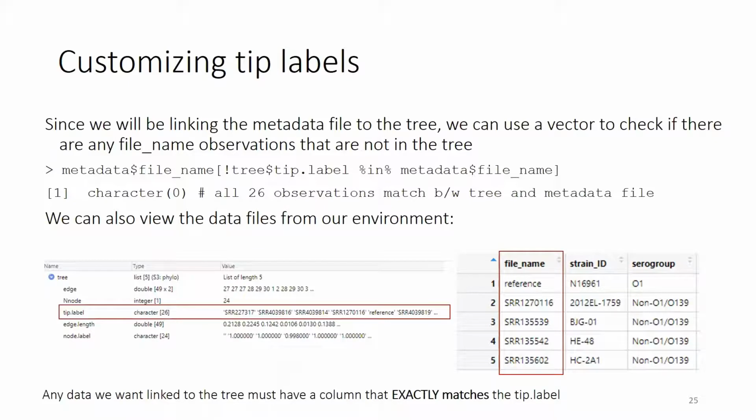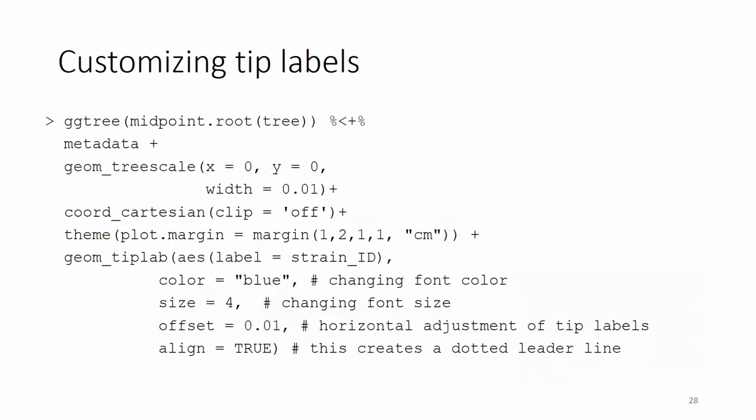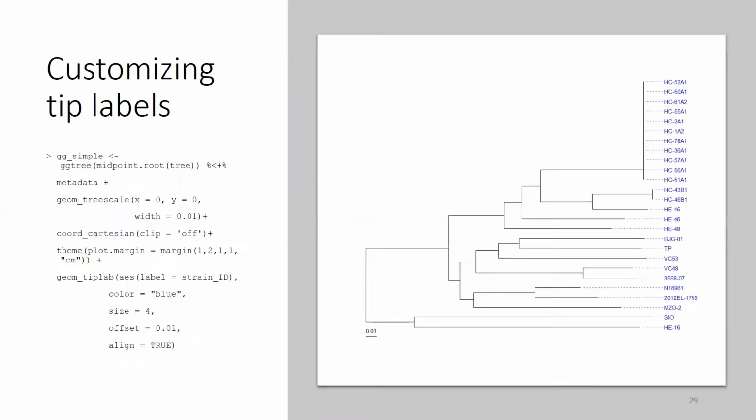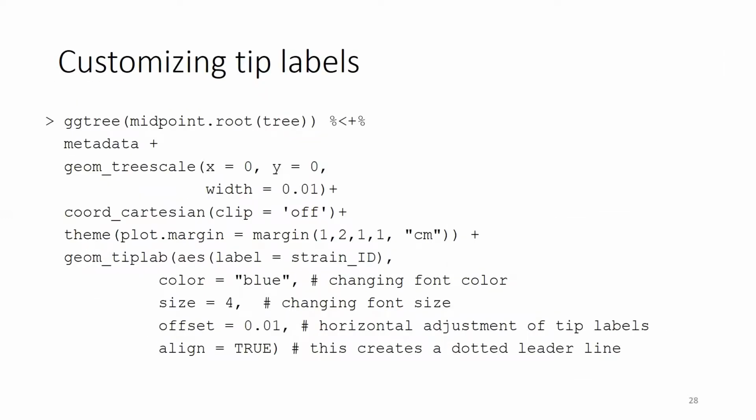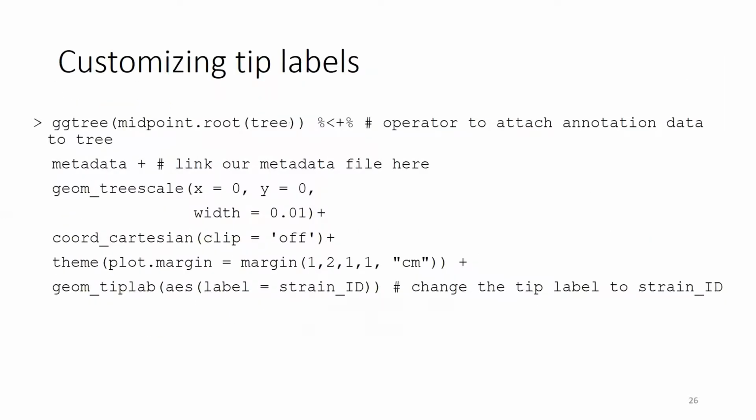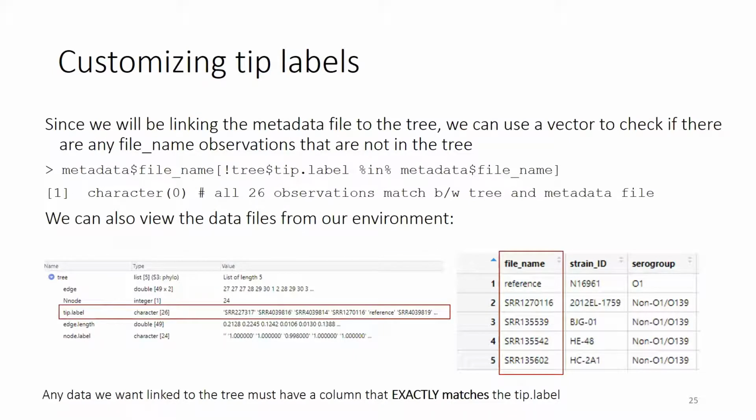But first, in order to change the tip labels, what we are going to need to do is link the metadata file to the tree. And so we need to make sure that there is a way to link the two files.